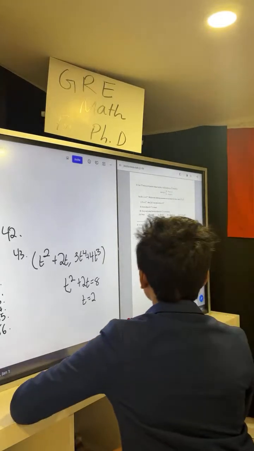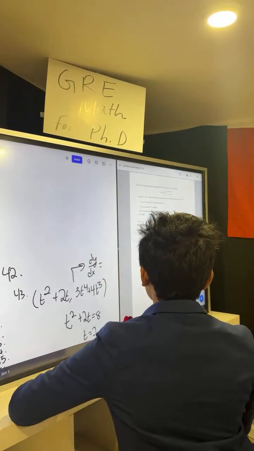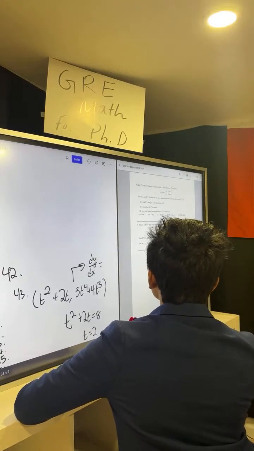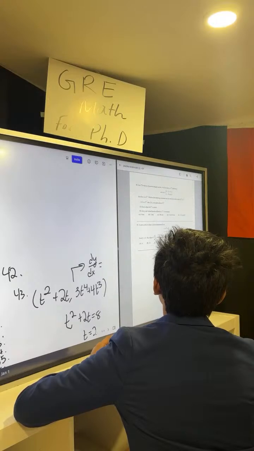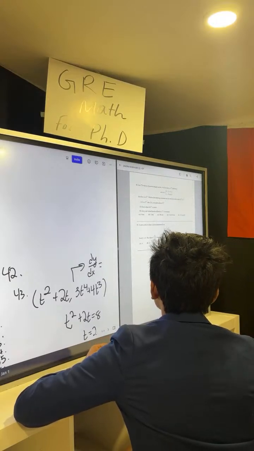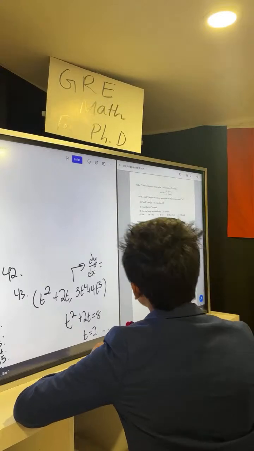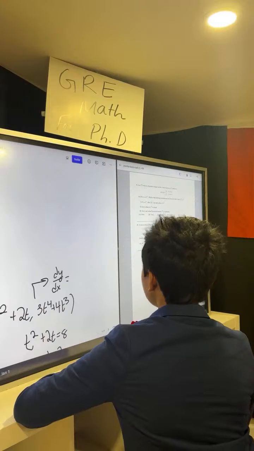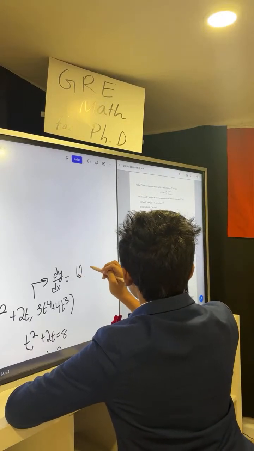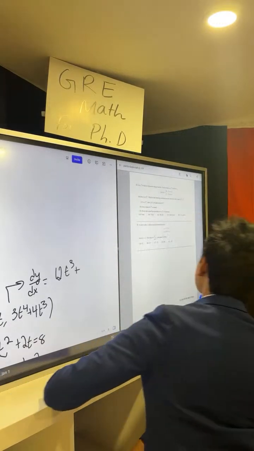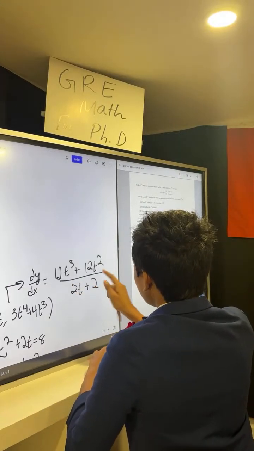So at the point t is equal to 2, dy dx in this case is just, well, okay, so dy dx, I believe, is 12t cubed plus 12t squared divided by 2t plus 2.